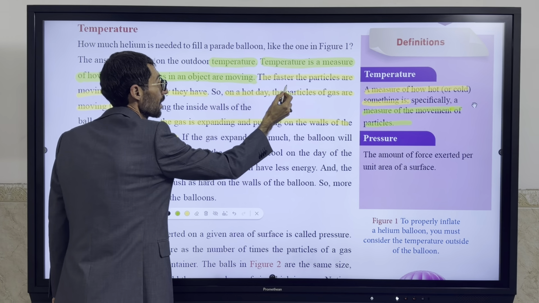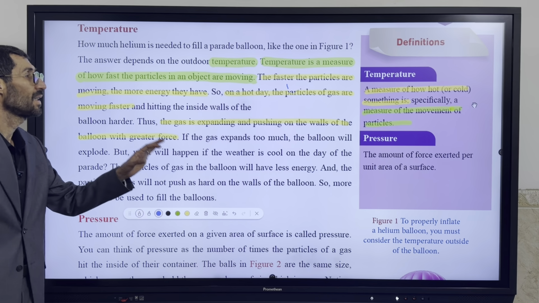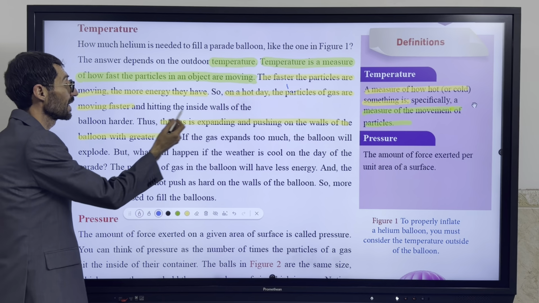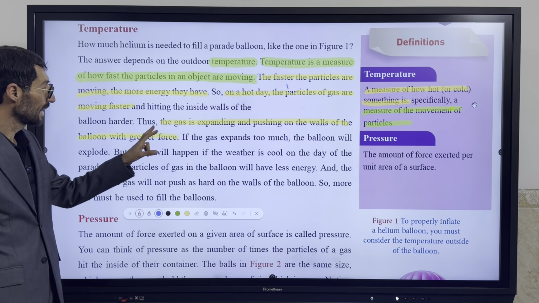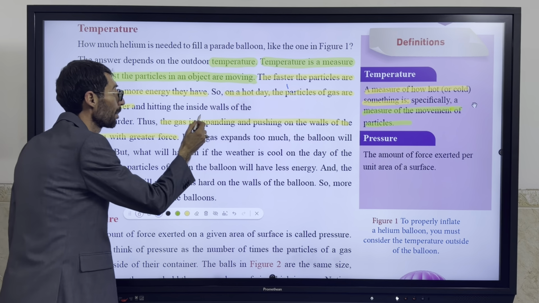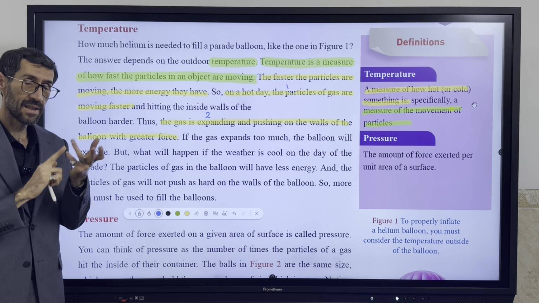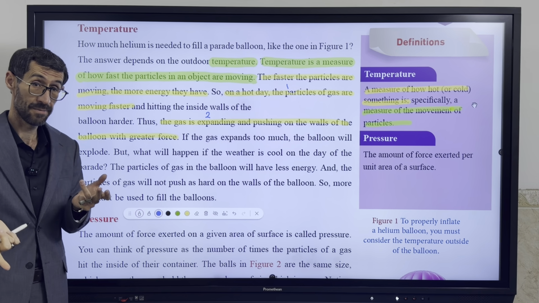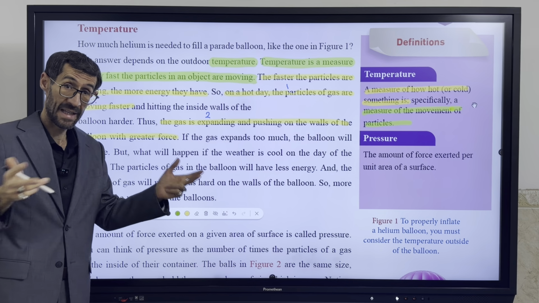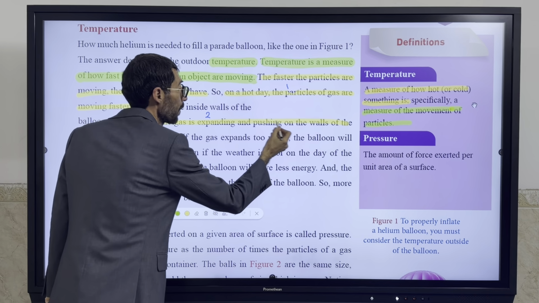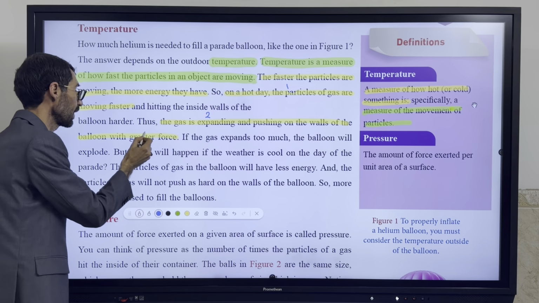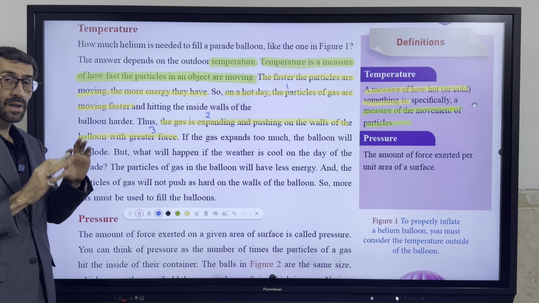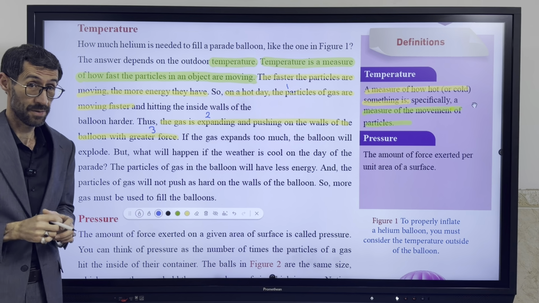This is the first consequence: on a hot day, the particles of gas are moving faster and hitting the inside wall. Number two, the gas is expanding. Firstly, gas particles move faster. Secondly, gas expands. Number three, pushing on the walls of the container with greater force, and the force increases. These are the consequences of rising temperature on a hot day.